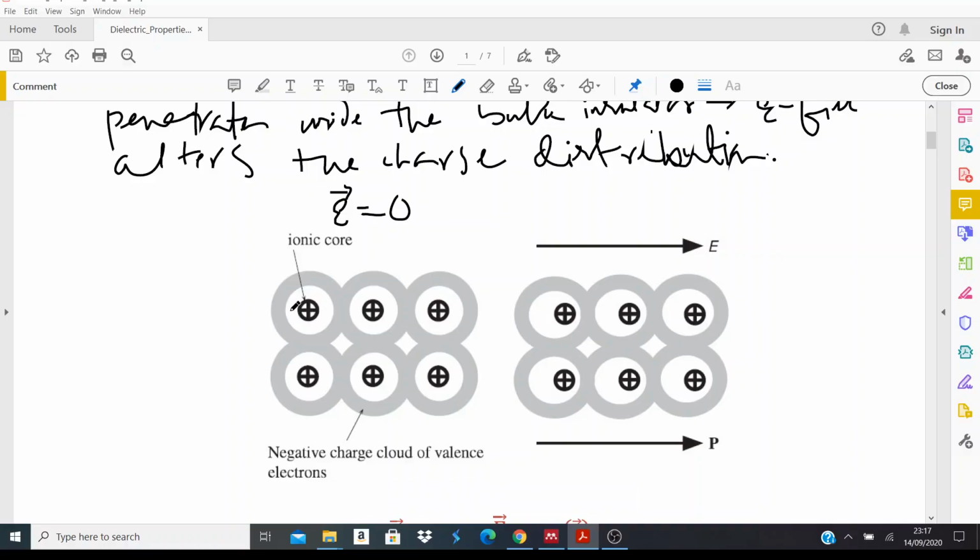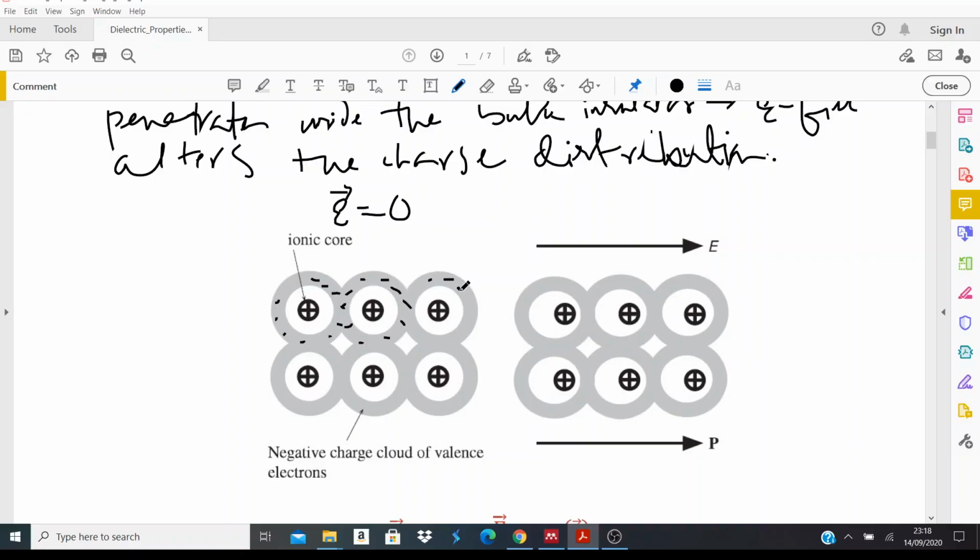You can see for every atom we have this ionic core, which is positive because we have protons in the nucleus, and these are really heavy, very heavy, and very small in size. And around this positive core we have a cloud of electrons, right? For every atom we have an electronic cloud.